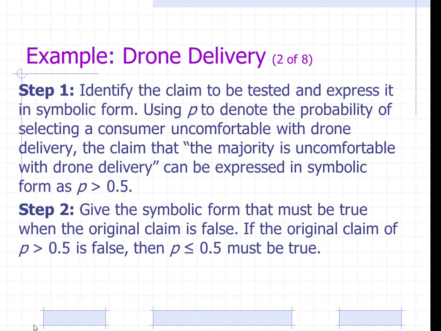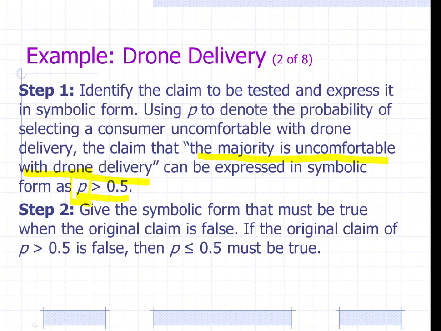So we needed to identify the claim, and the claim, in words, is the majority is uncomfortable with drone delivery. And we're going to put that in symbolic form as P is greater than 0.05. Now, in our hypotheses, we always use the parameter.